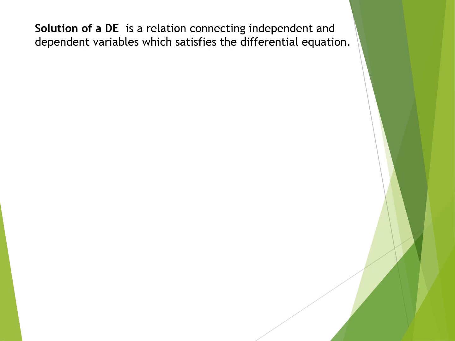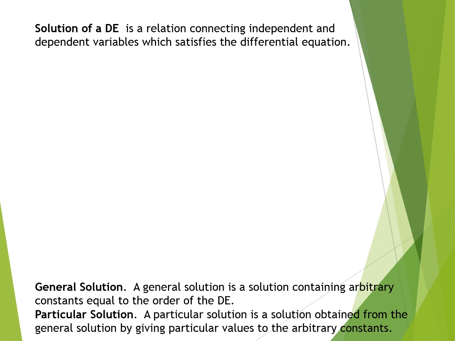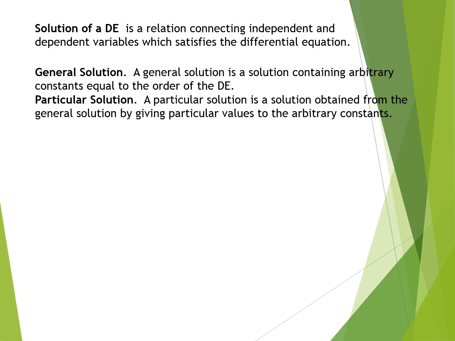So again, this is defined here. We are now expecting a function. A general solution is a solution containing arbitrary constants equal in number to the order of the DE, and a particular solution is a solution obtained from the general solution by giving particular values to the arbitrary constants.